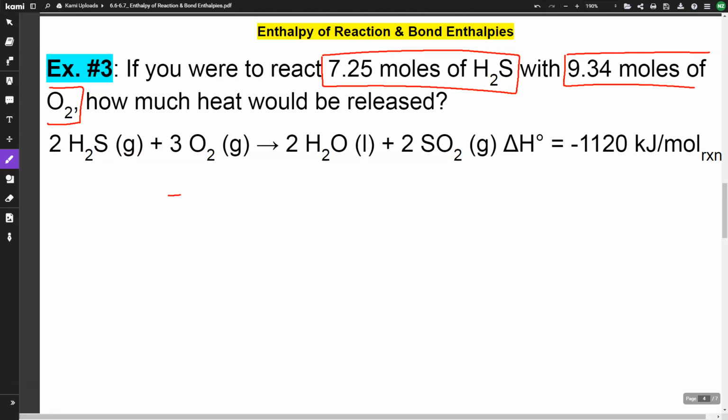Let's do the dihydrogen sulfide first. So 7.25 moles of dihydrogen sulfide, and we know that we have 2 moles of that.